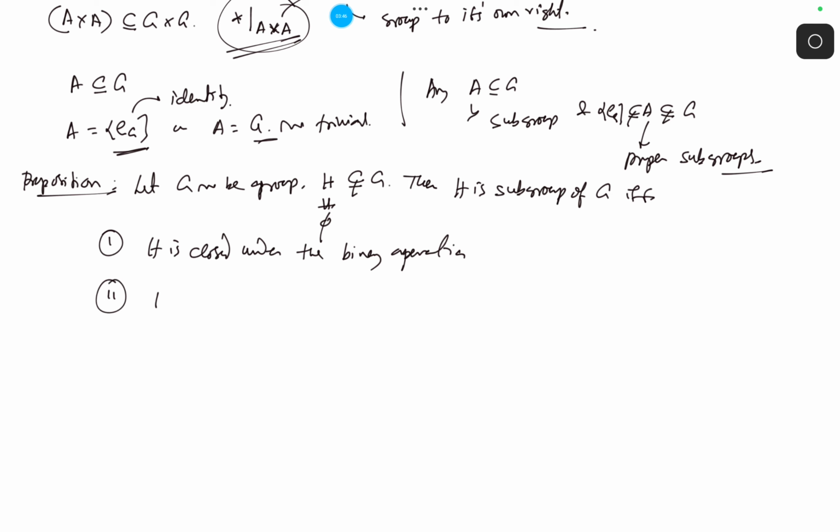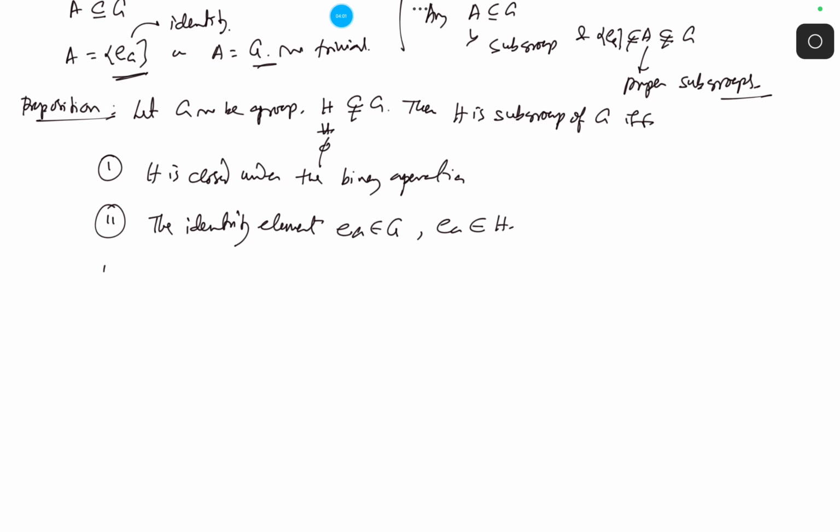Secondly, the identity element e_G belongs to H, so H contains the identity element of G. And number 3, if small h is in capital H, then h inverse, which exists in G, must be in H. So for every element in H, it contains the inverse of that element.